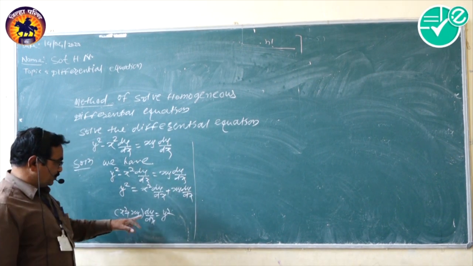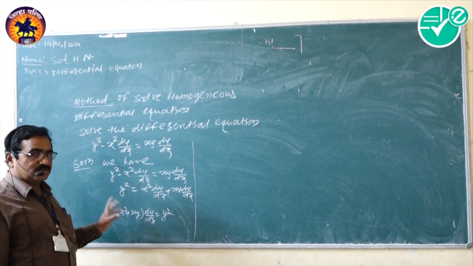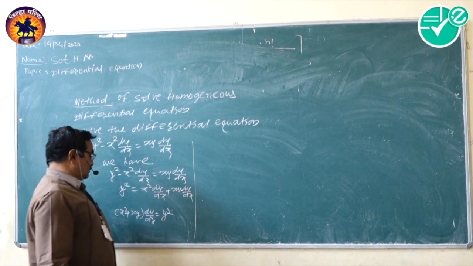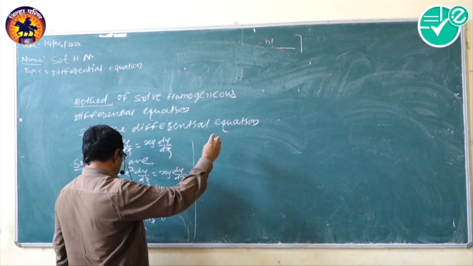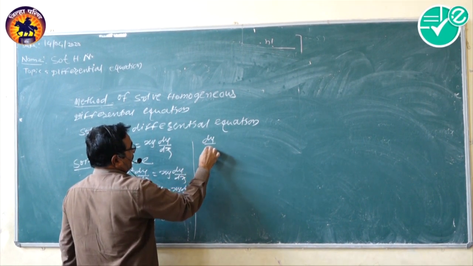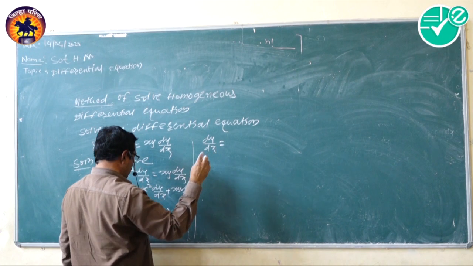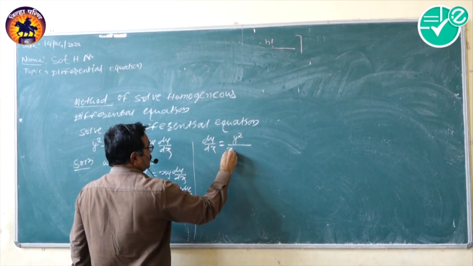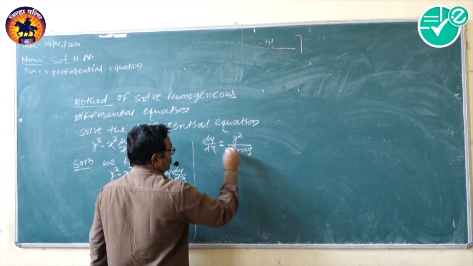The coefficient of dy by dx must be equal to 1. Therefore, divide both sides by x square plus xy. That is dy by dx equal to y square upon x square plus xy.